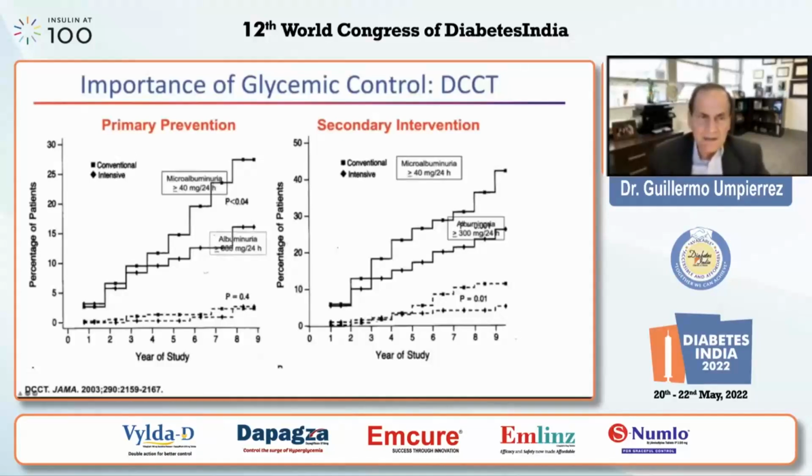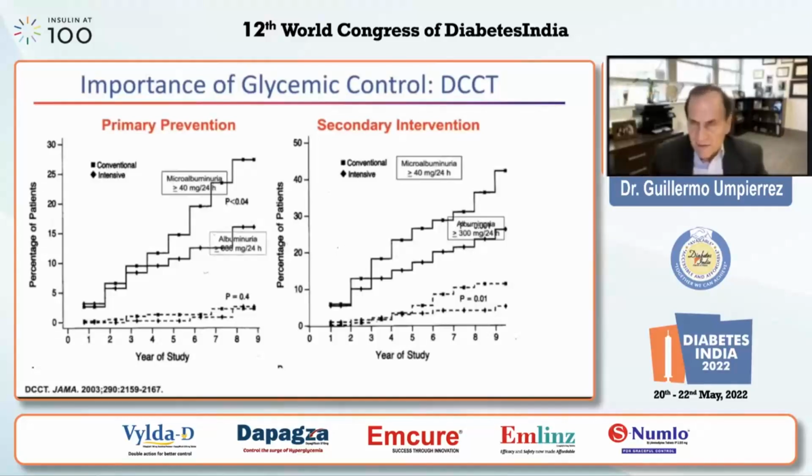You see that tight or intensive glycemic control with hemoglobin A1C less than 7, compared to 8.5 to 9, for primary prevention, in patients who do not have proteinuria, reduced the development of proteinuria by 60%. And it's not only primary prevention: in those patients who already have established nephropathy or diabetic kidney disease, you slow down the progression.